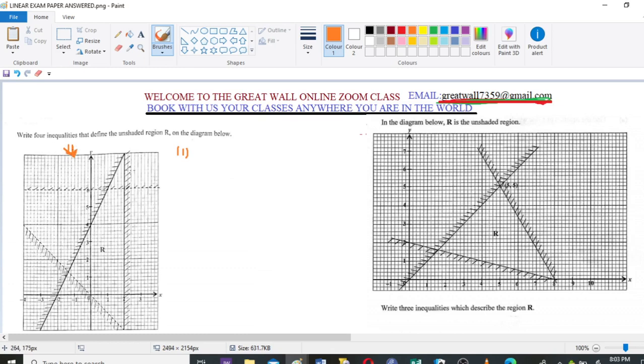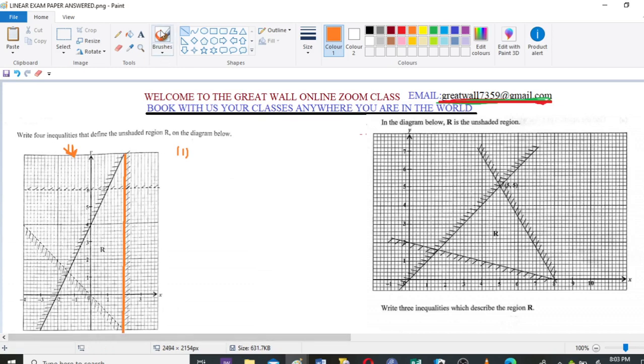Since we want the unshaded region, if we find the shaded region, then we write the opposite of what we have found, isn't it? So we can look at the first one here. Observe that this line is passing at x is equal to 2. It is shaded to the right side, which means it includes all the values which are greater than 2, isn't it?